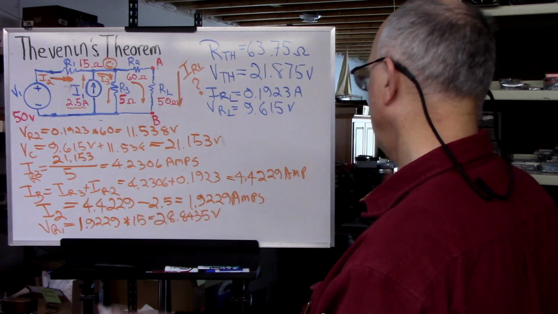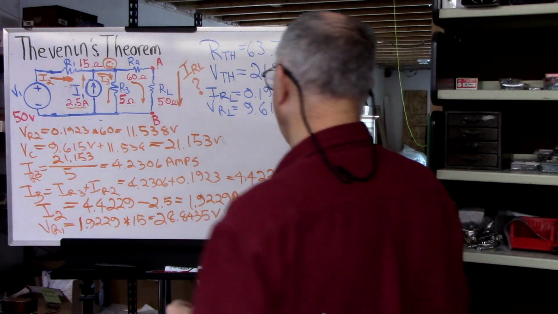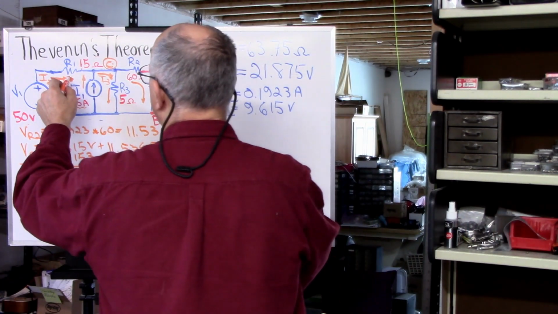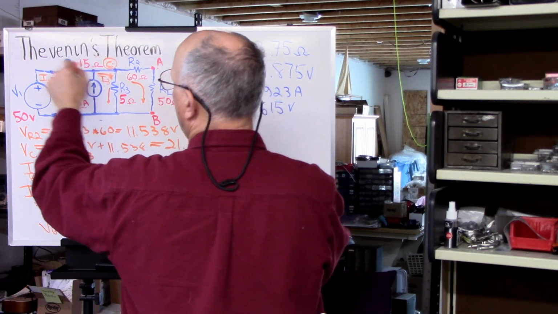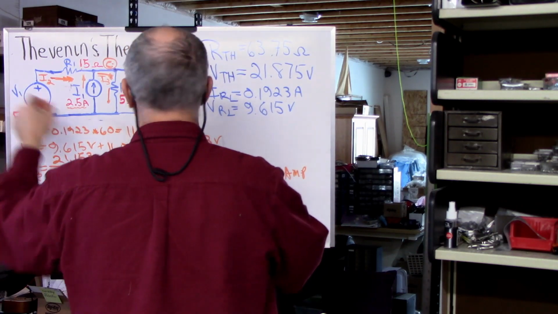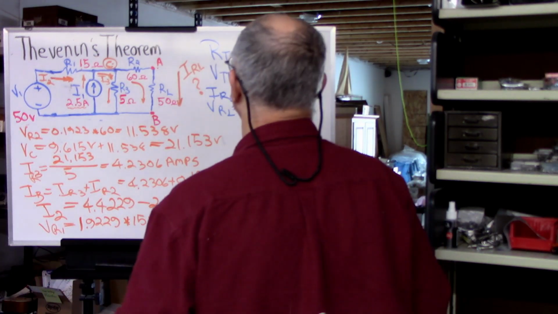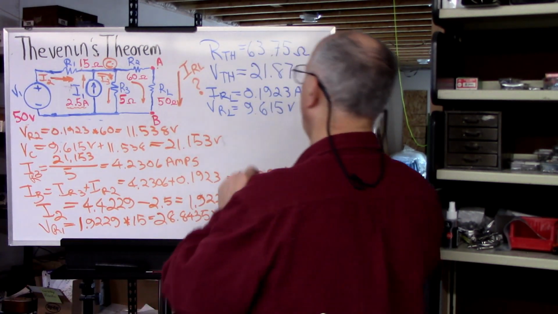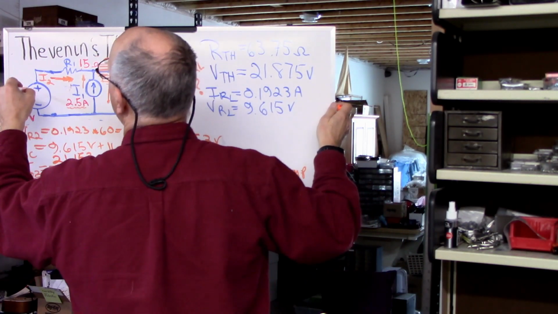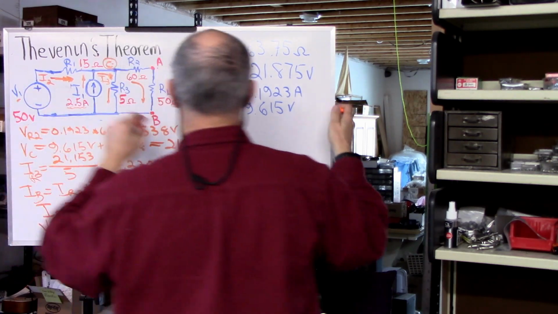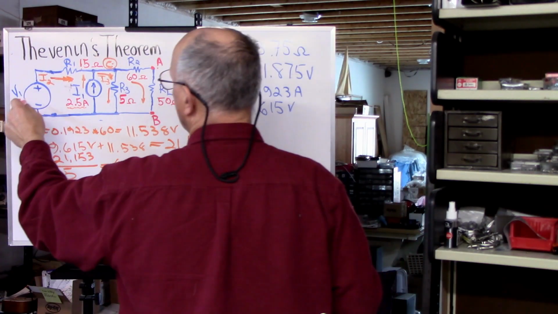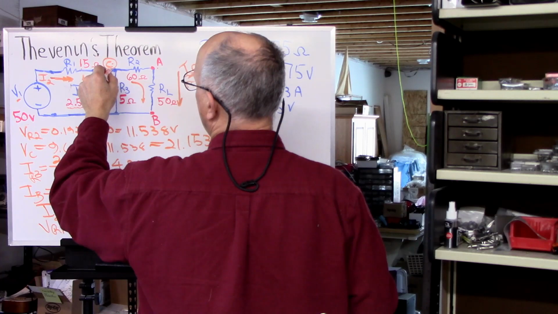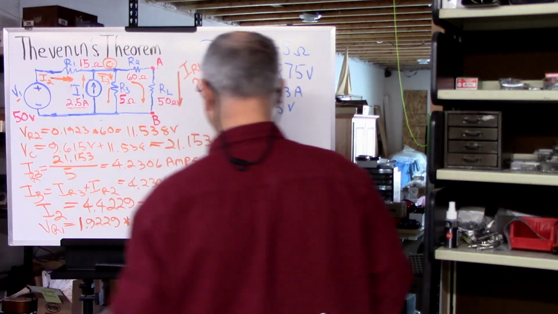You say, okay, great. But if we know the voltage across R1 and we know the voltage at C, we now can calculate this voltage out here. So the voltage here, V1, is going to equal the voltage at C plus the voltage across R1.